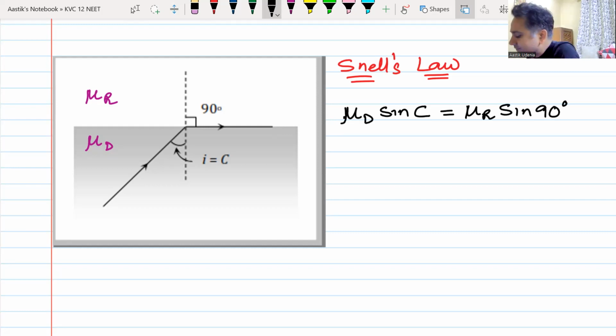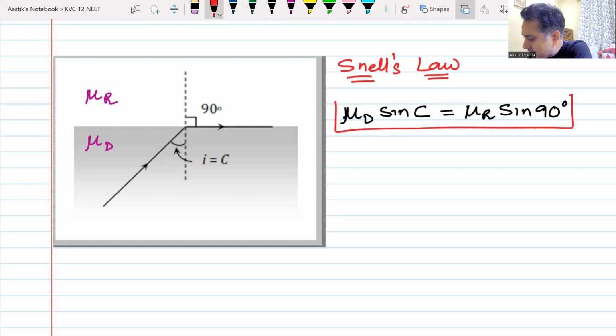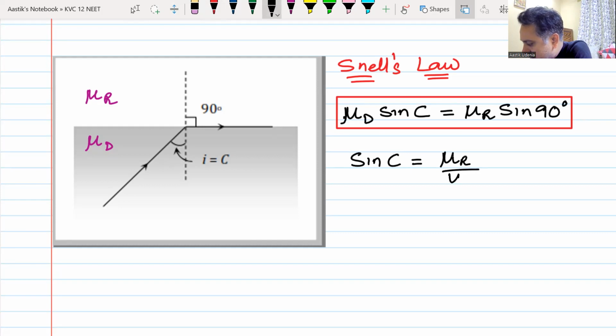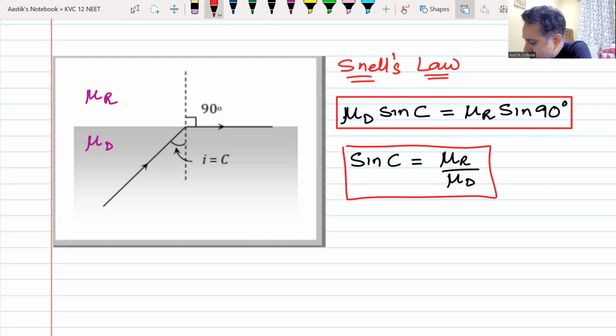Do we understand this? Class, do we understand this? Yes, sir. So from here I can write the value of sine C as mu r divided by mu d.